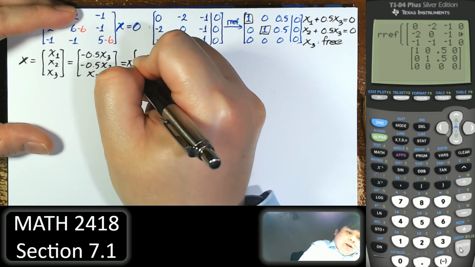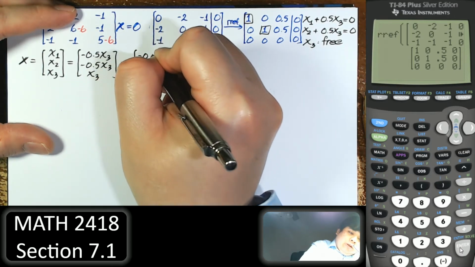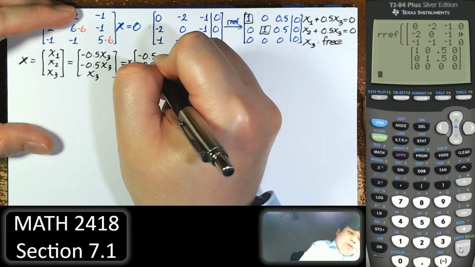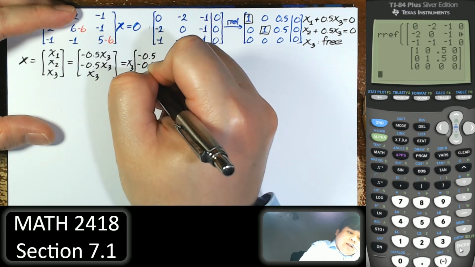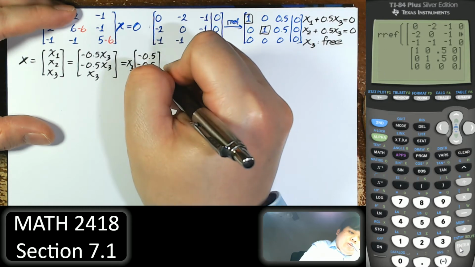So factor out x3, we have -0.5, -0.5, and 1.